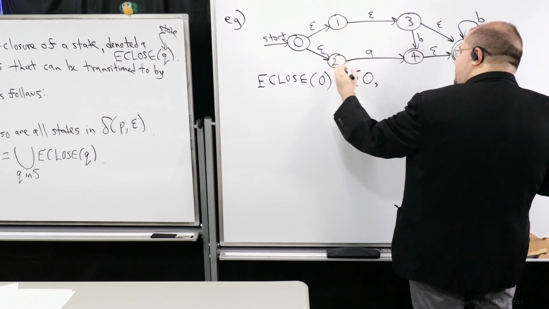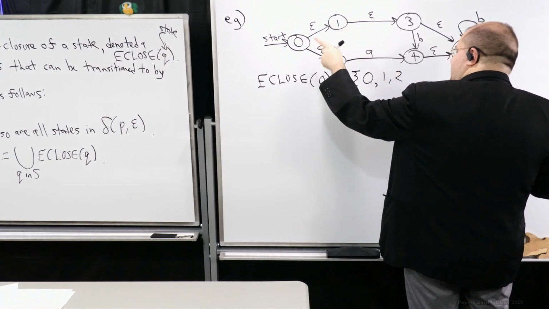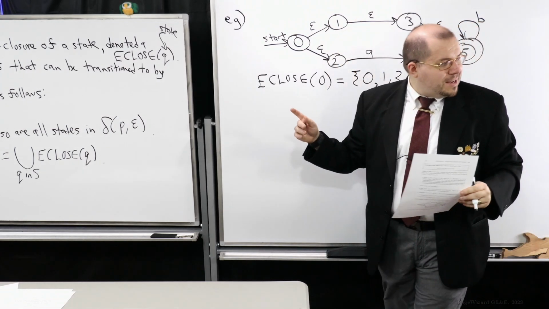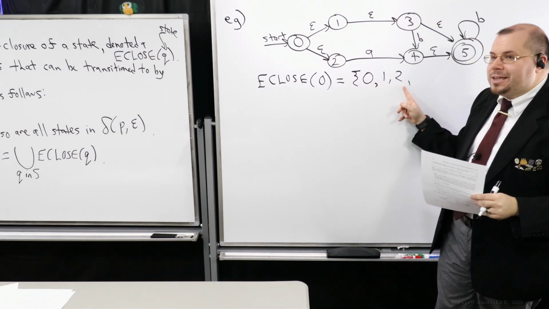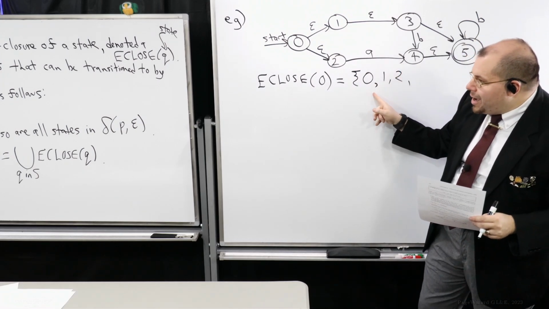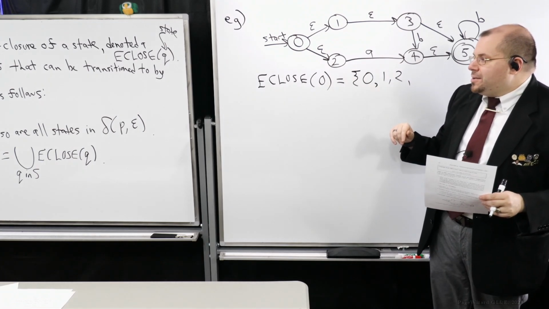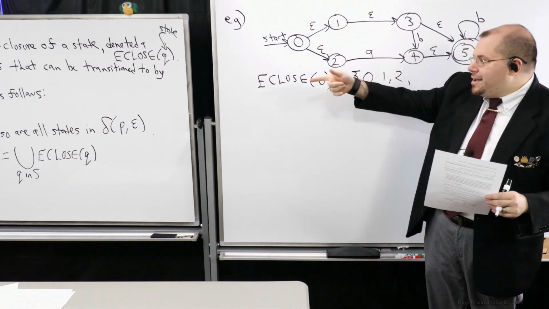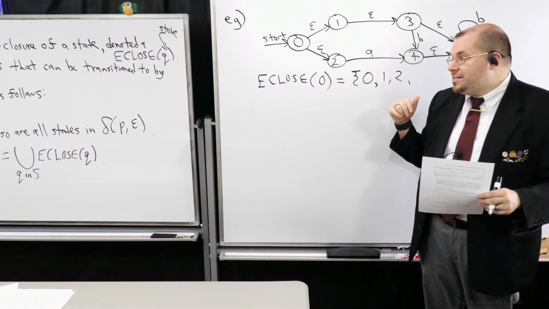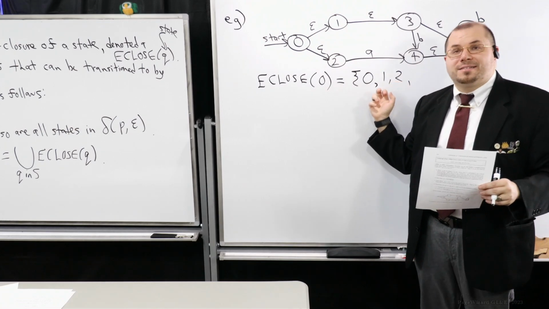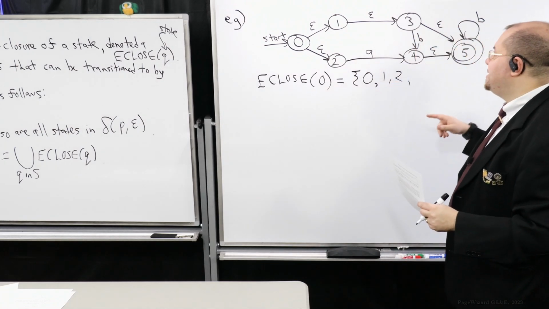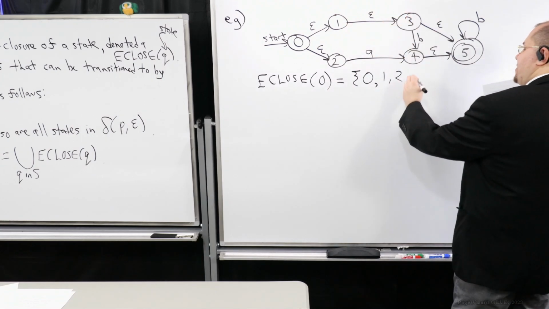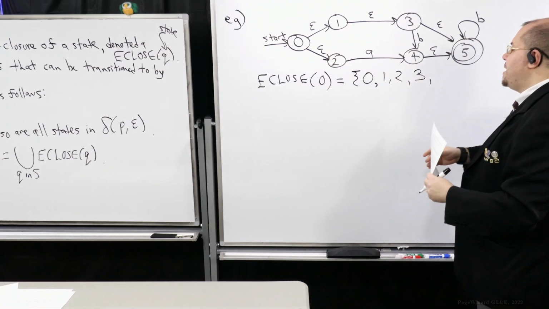That means that 1 is, and so is 2, because notice there are epsilon transitions that get you to these states. But now I have states 1 and 2 in the set. So if 1 is in the e-close of this state, because remember, it's a conditional statement, then so are all the states that you could transition to on epsilon. So notice that 1 could transition to 3 on epsilon, so 3 is also in here.